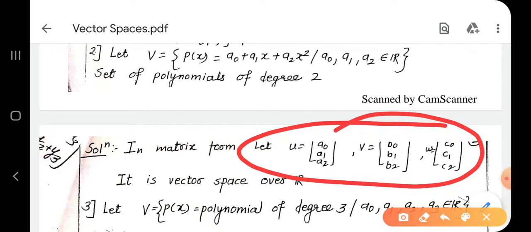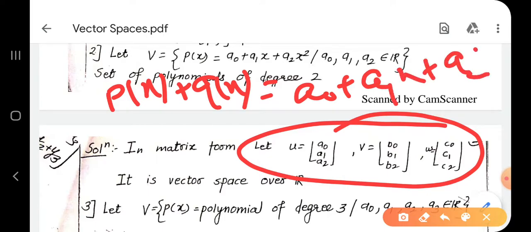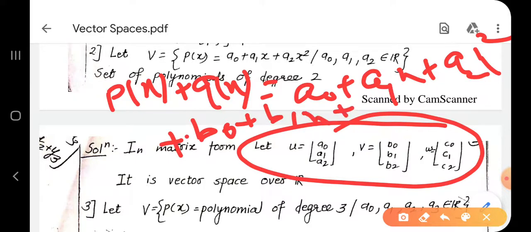I take p of x plus q of x, two polynomials: a0 plus a1x plus a2x square, this is my first polynomial, plus b0 plus b1x plus b2x square.